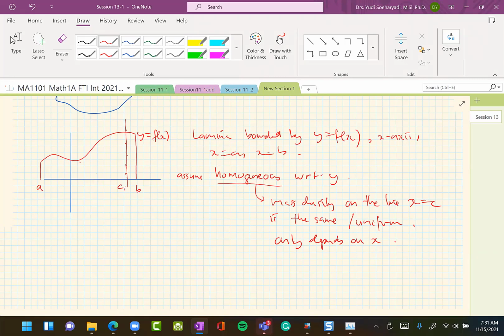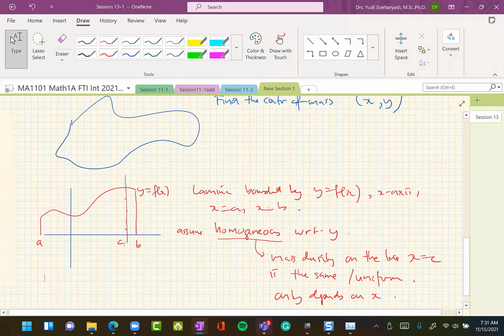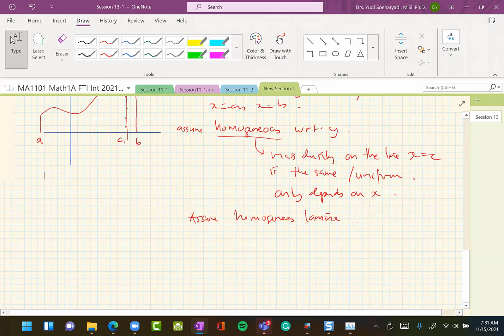Okay, so we assume that this function has a homogeneous everything, at least for a moment. Homogeneous lamina, everything, so the density does not depend on x and y.